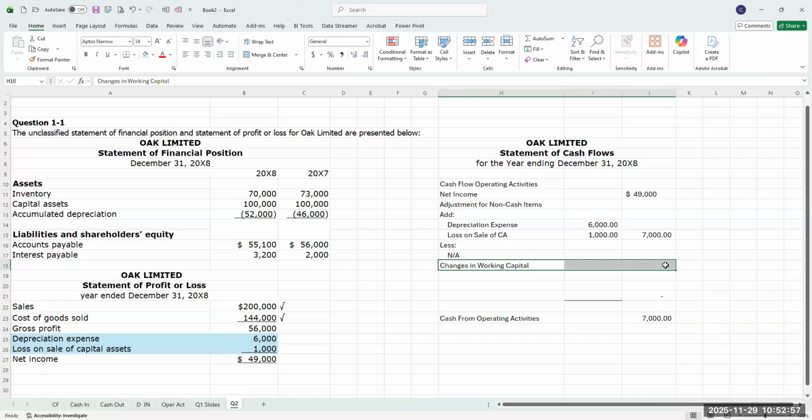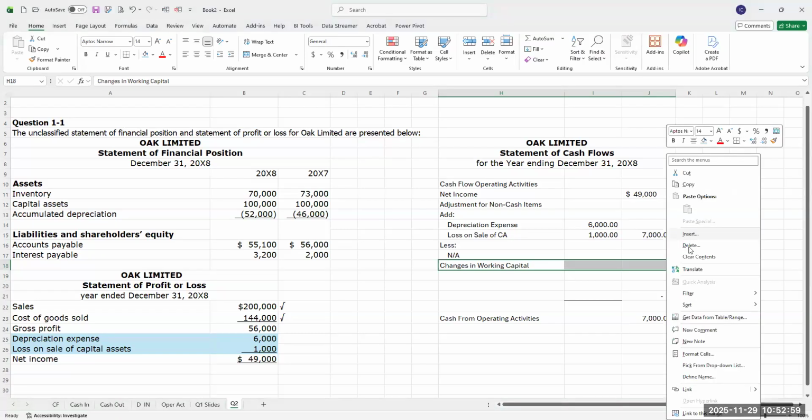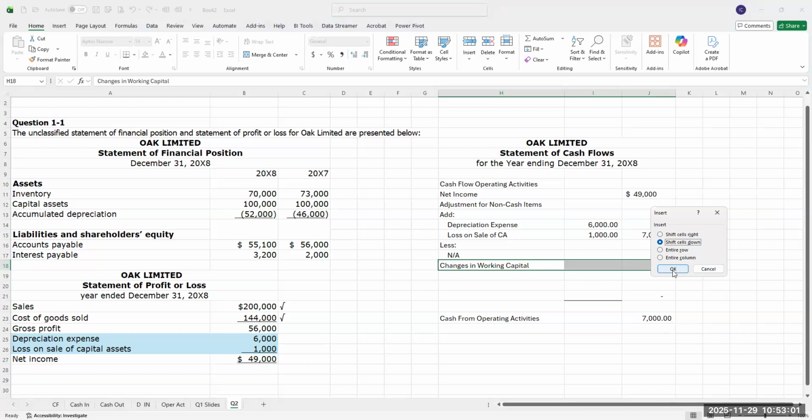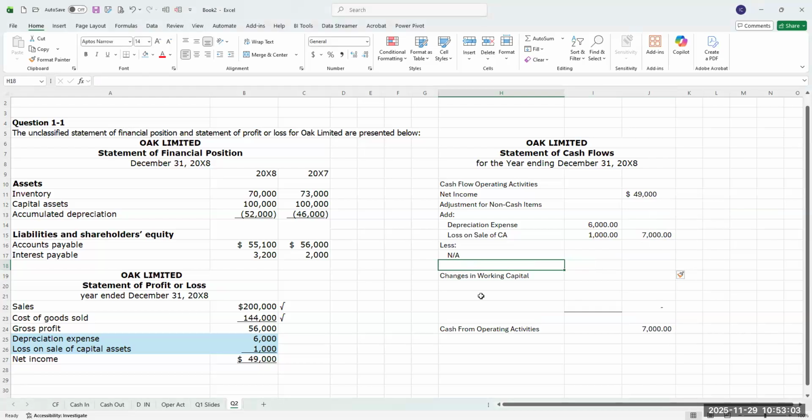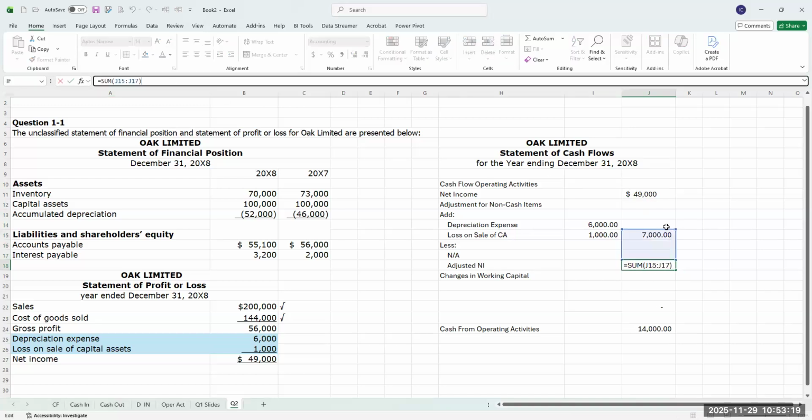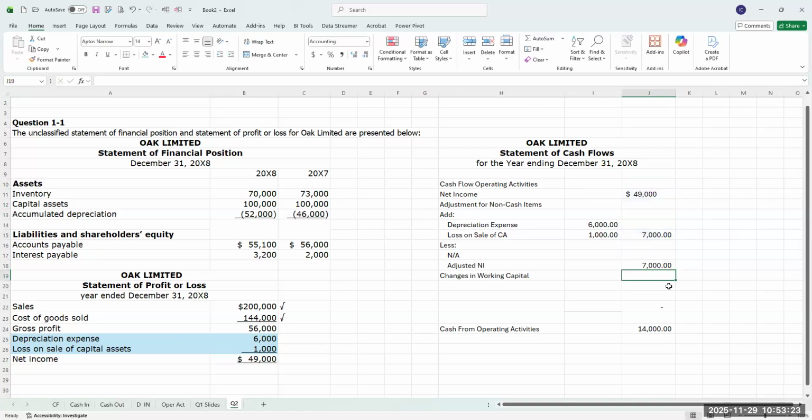let's push those down, and we can come here with the calculation, adjusted net income. In this case, it will be those two together. It didn't catch it. We're going to change the formula, bring it all the way up to here, and we get it.